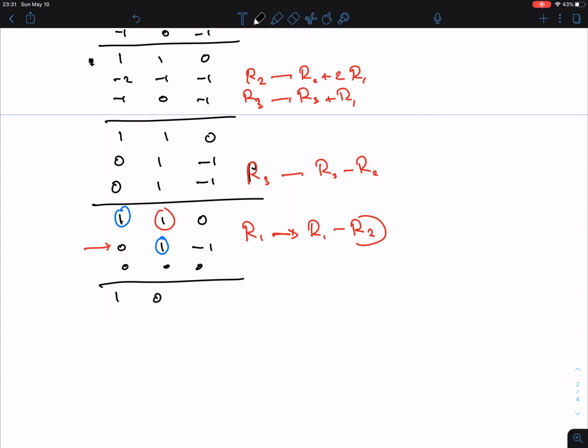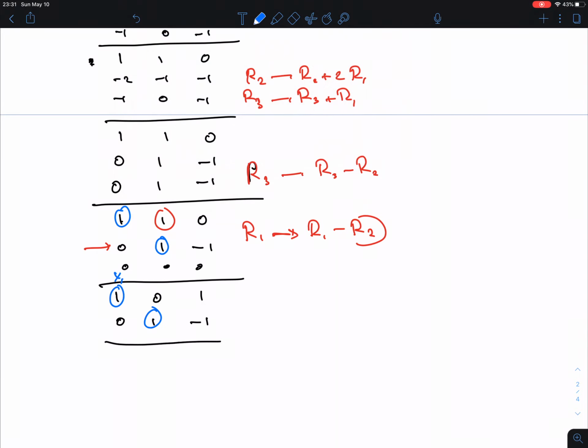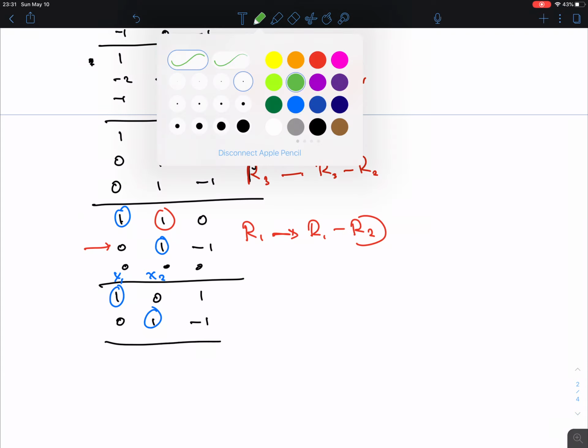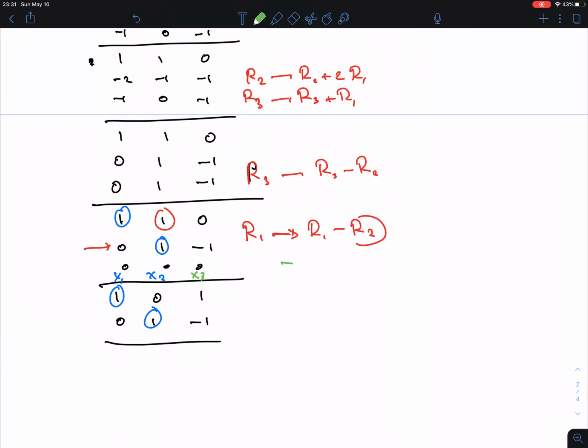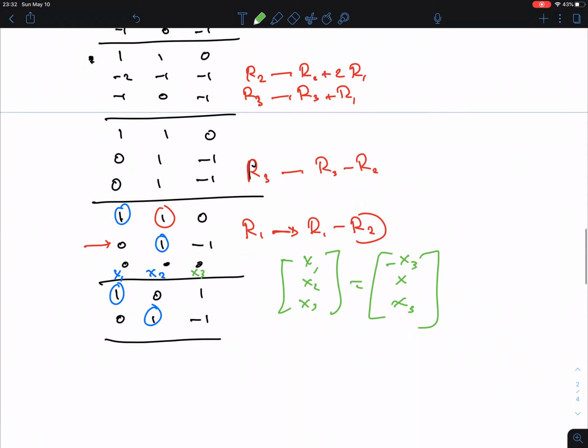So 1, 0, minus minus is plus 1, 0, 1, minus 1, and the rest is 0. Okay? So x1, x2 pivots, x3 is the free variable. This means that x3 is equal to itself. The first equation tells me that x1 is minus x3, and the other one that x2 is equal to x3. So x3 times (minus 1, 1, 1).